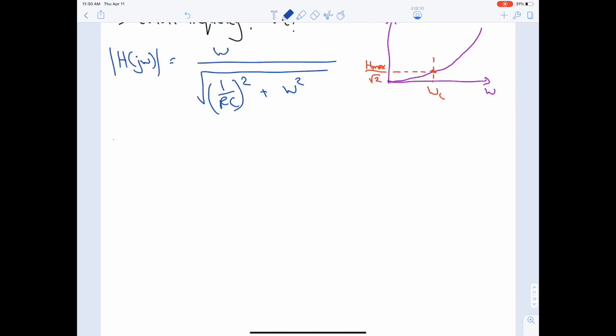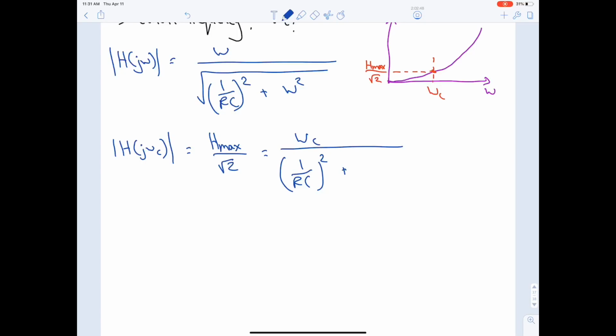We are looking for the omega c, so it will be H max divided by root 2 at omega c. We are replacing each omega with the specific omega c.